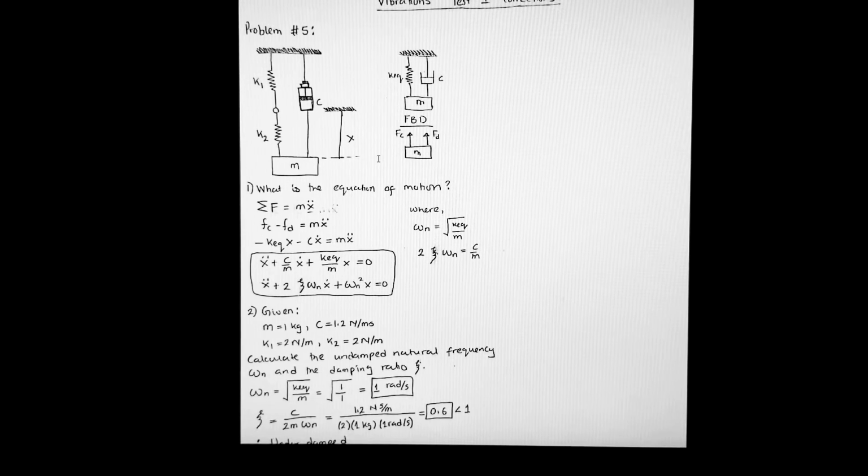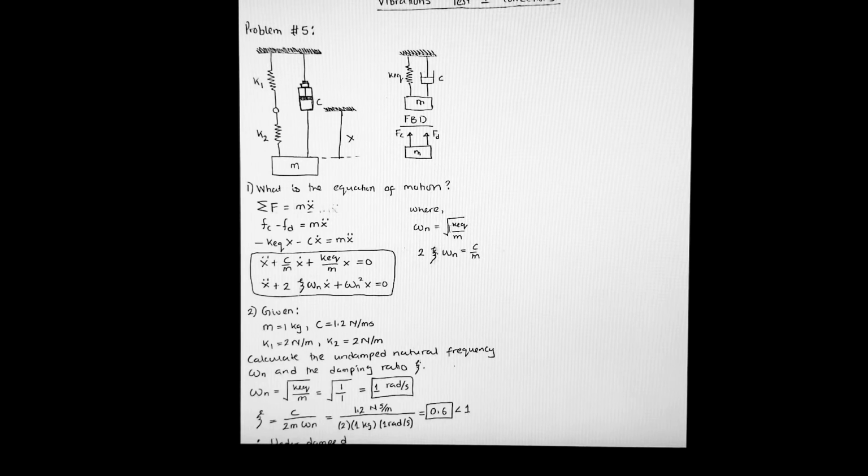So our forces are all acting on K1 and K2, and this damping ratio on there. So these are the forces acting on the mass, and so we have this, and then spring constants on the spring side, and then the damping C, which equals the mass times x double dot.